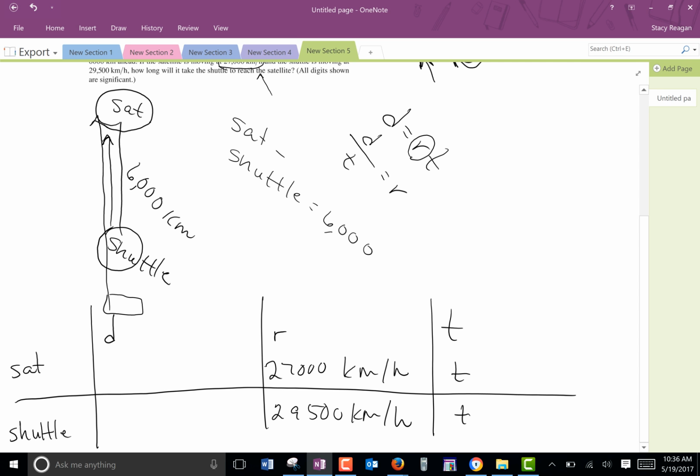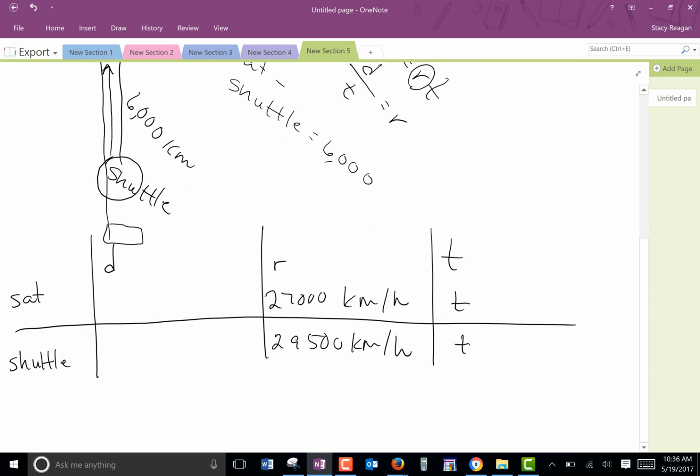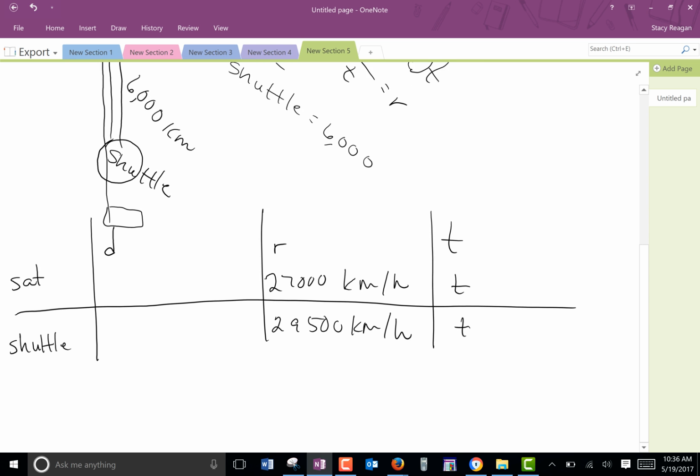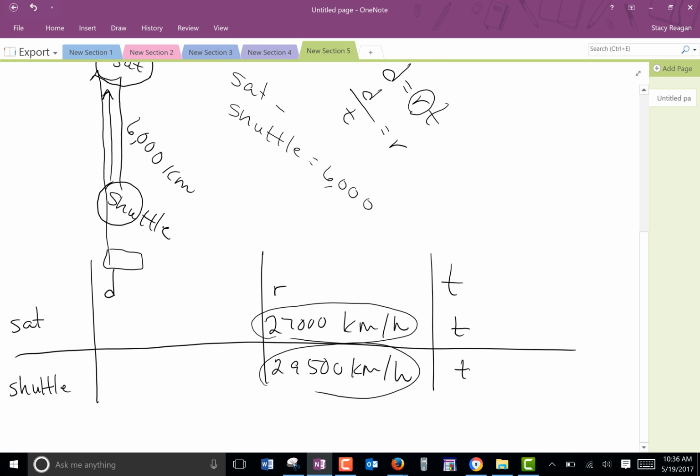The distance between them is 6,000. So if I look at my little drawing and I could get the distance of the satellite and the distance of the shuttle, if I were to subtract those two, I would come up with the distance between the two.